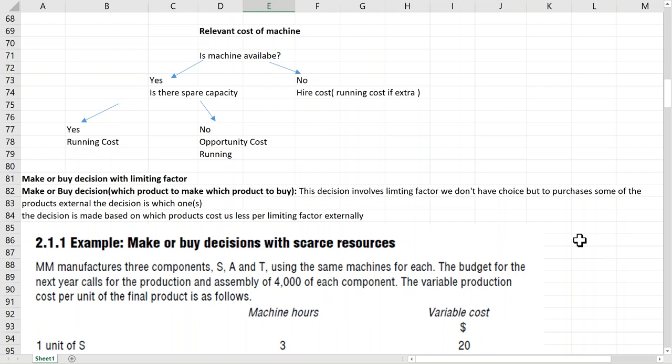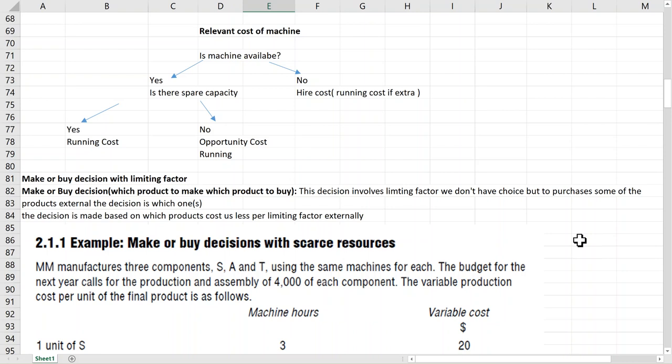Make or buy is also an outsourcing decision. So outsourcing is a general decision, and then make or buy decision is a specific type of decision in that outsourcing decision. Outsourcing can relate to anything, but make or buy decision specifically relates to products.